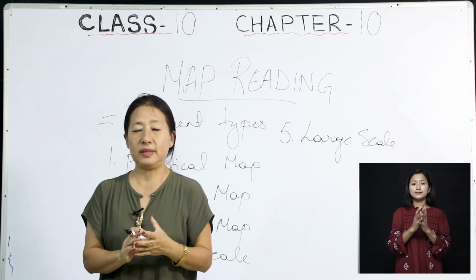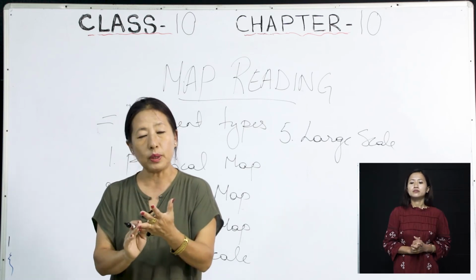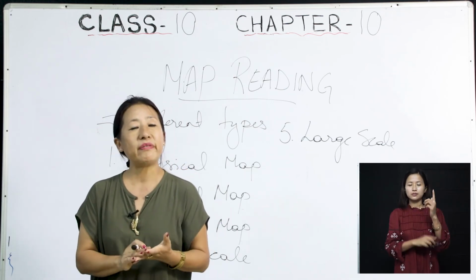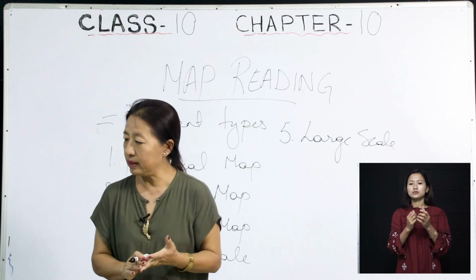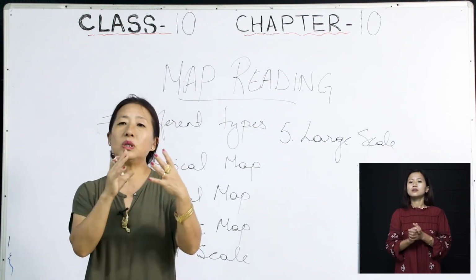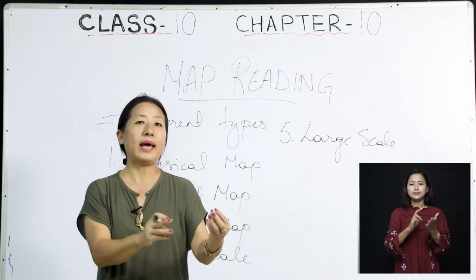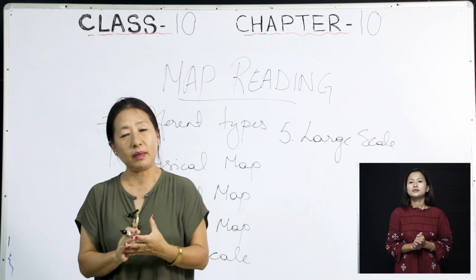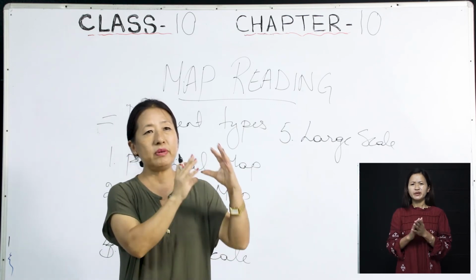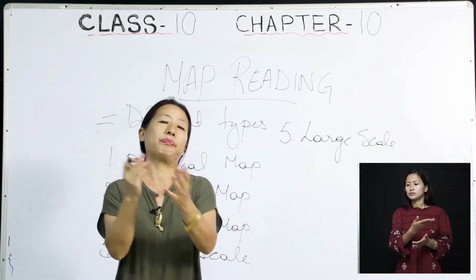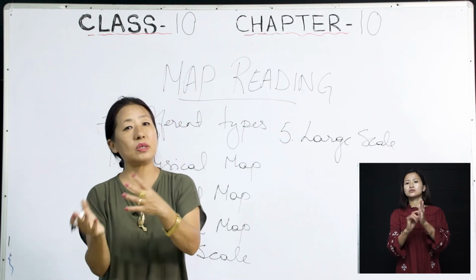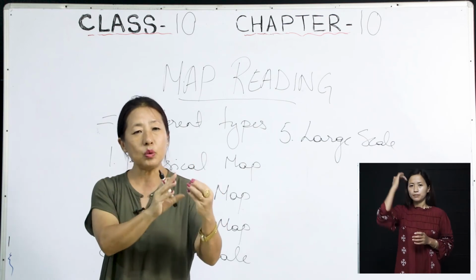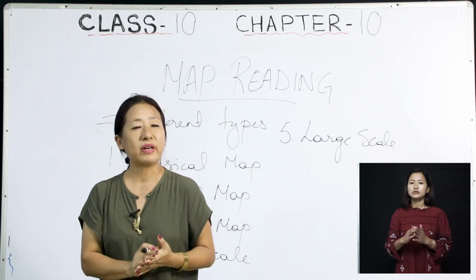That is the difference there. Then the last one is the topographical map. Topographical maps show us natural and man-made features. That means the mountains and everything will be shown there, plus they will also show us the industries and the roads which have been built by man. Everything will be there. Those are called topographical maps.